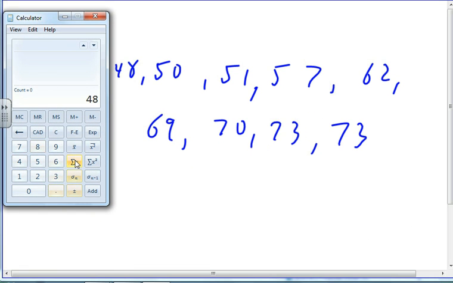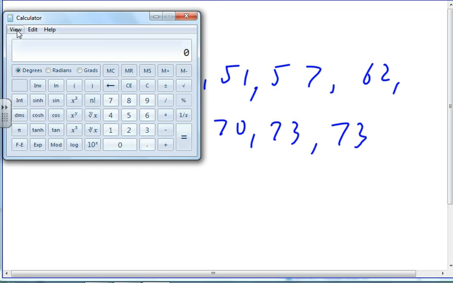48, how do I add the data in? Add. Okay. 48 add. Clear memory, clear all, clear everything. Enter data. How do I enter data?